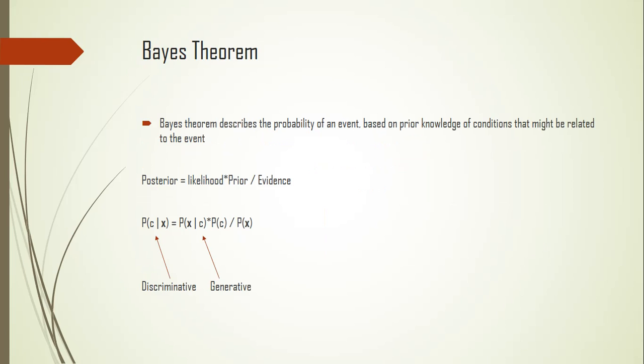Naive Bayes is based on Bayes theorem, and Bayes theorem describes the probability of an event based on prior knowledge of conditions that might be related to the event.